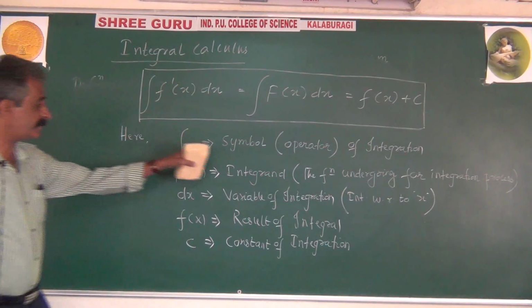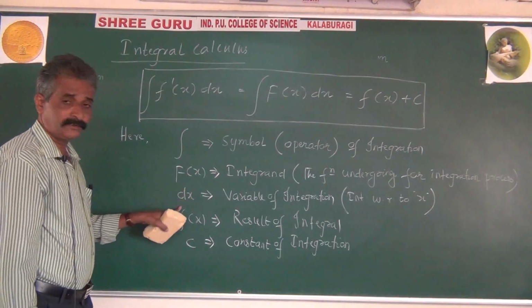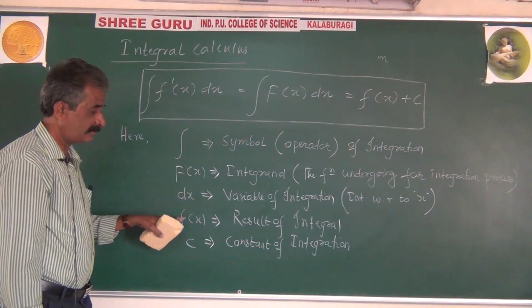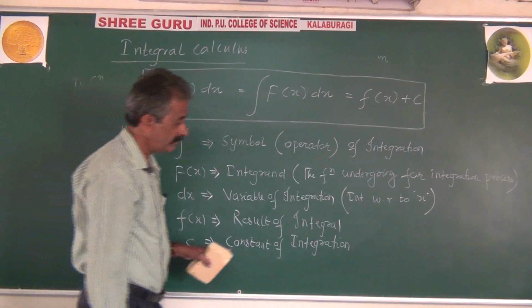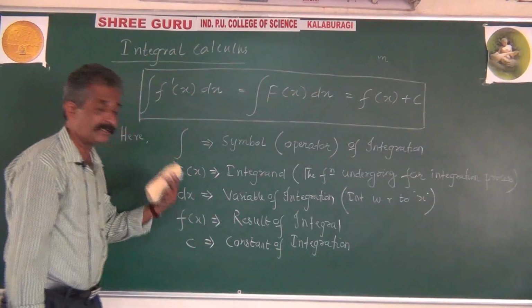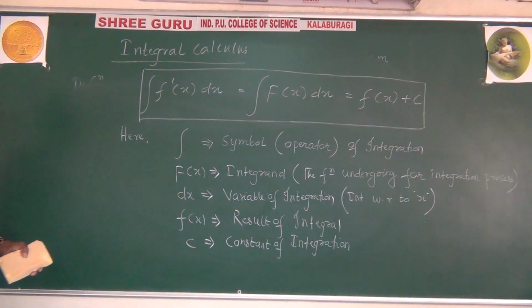This is the symbol of integration. It is the integrand. This is the variable of integration. This is the result of integration. And C is called, more importantly, the constant of integration. I hope you got this point very clear. Now continue.